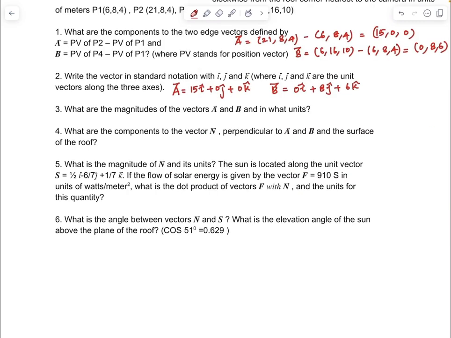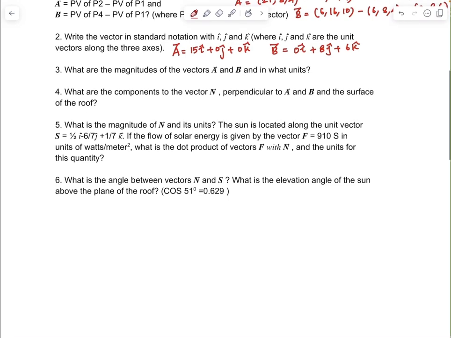What are the magnitudes of the vector A and B and in what units? So magnitude of A is root 15 square plus 0 square plus 0 square, which gives us 15 meters. Magnitude of B vector is root of 0 square plus 8 square plus 6 square, which is 10 meters.